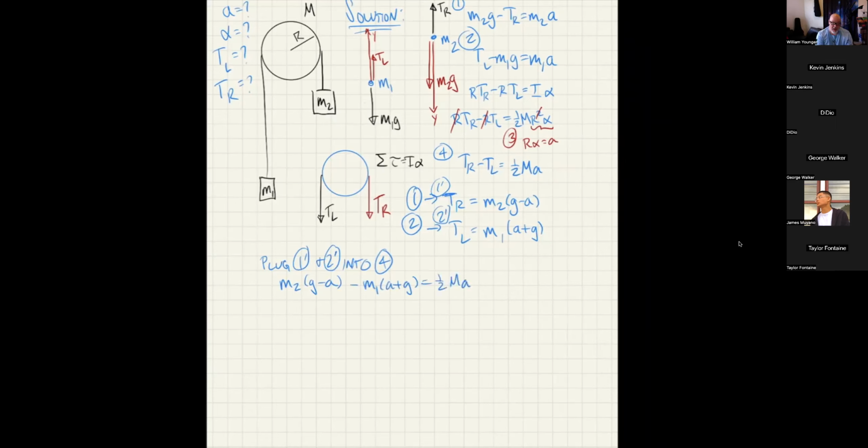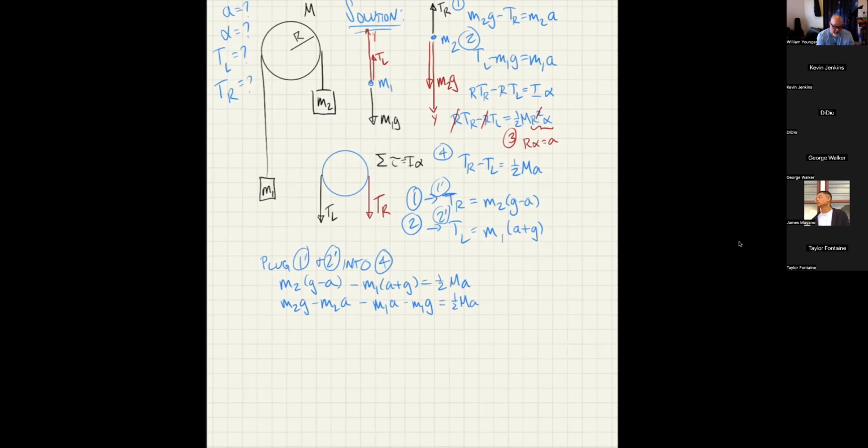Now you can see I only have one unknown here, which is A. Let me distribute all this. I get M2G minus M2A minus M1A minus M1G is equal to 1/2 M A. Now I get all the A's on one side and everything else on the other.